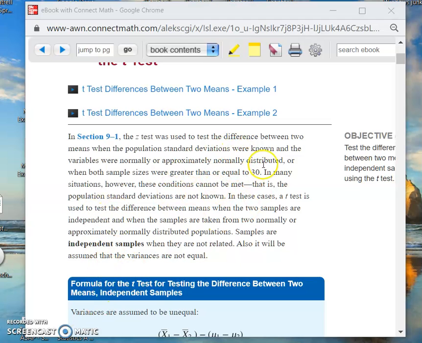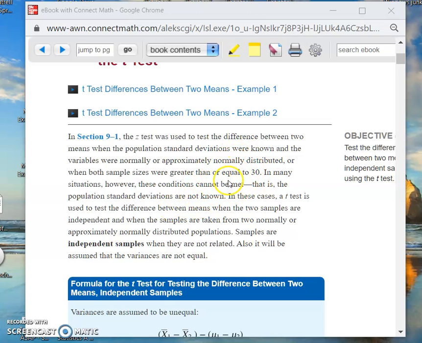Okay, so let's get some other conditions here. One of the conditions was, of course, the population standard deviation. It has to be true that the original random variables are normally or approximately normally distributed. I've seen other texts that say that all it has to be is symmetric. It doesn't really have to be normally distributed. Whatever.